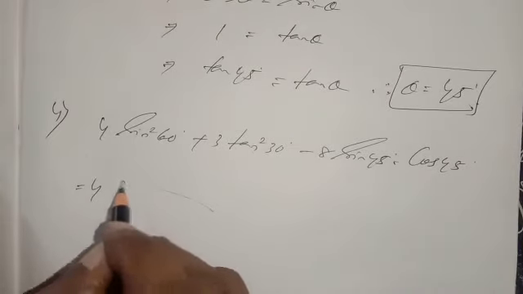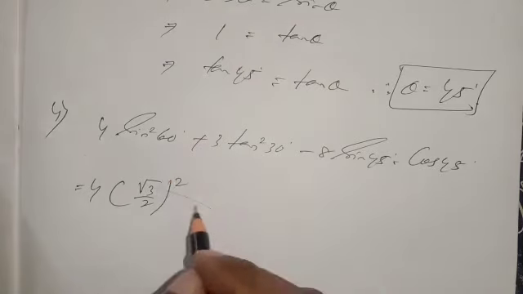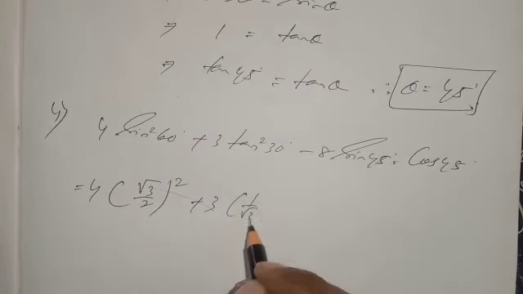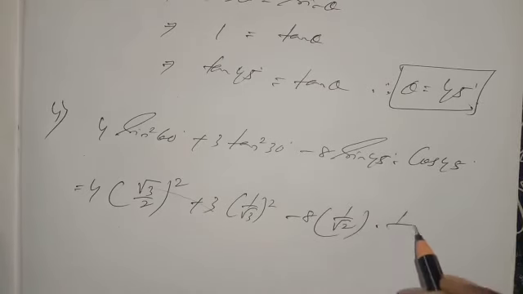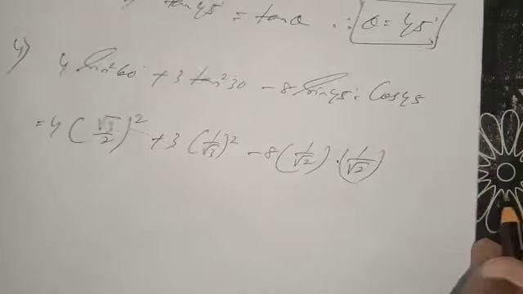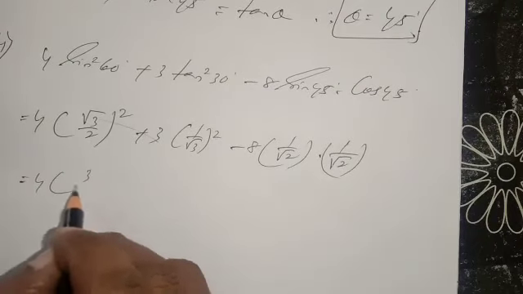Here sin 60 is root 3 by 2 whole square, because sin square is given. 3 tan 30 is 1 by root 3 whole square, minus 8 sin 45 is 1 by root 2 and cos 45 is also 1 by root 2. After that, root 3 whole square is how much? 3. 2 whole square is 4.